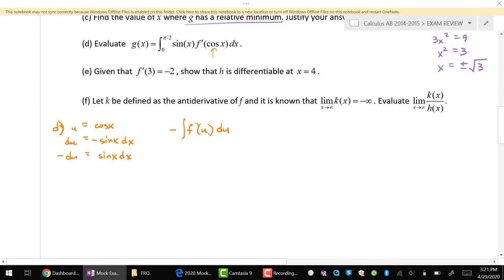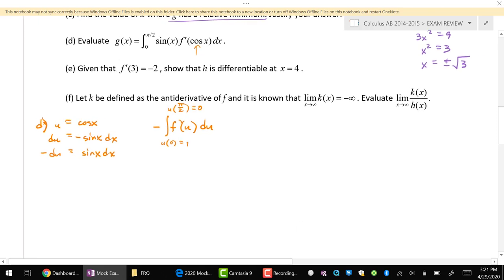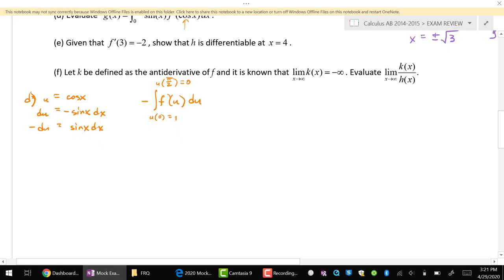And then don't forget to convert the bounds. So my new bounds, using cosine up here, u of 0 would be 1, u of pi over 2, my new upper bound, is going to be 0.